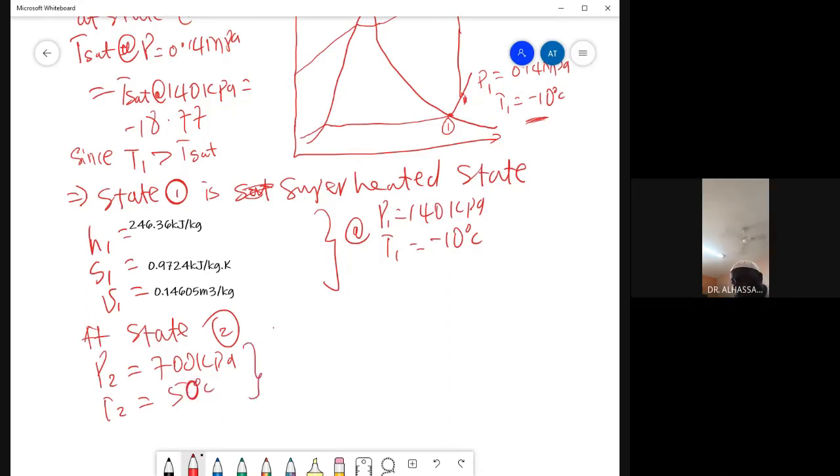Now with this, let's find the entropy at state 2. We will go to the property table again, at 0.7 megapascal and 50 degrees Celsius.